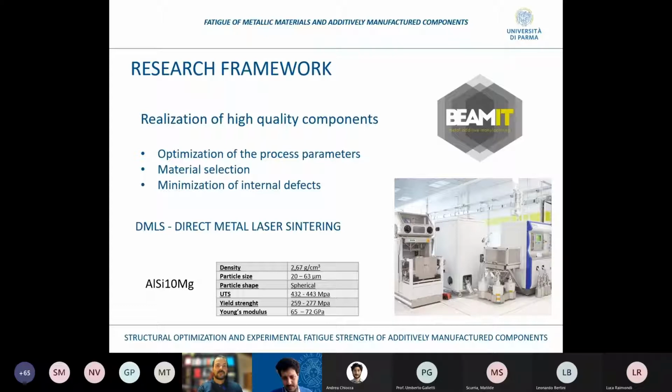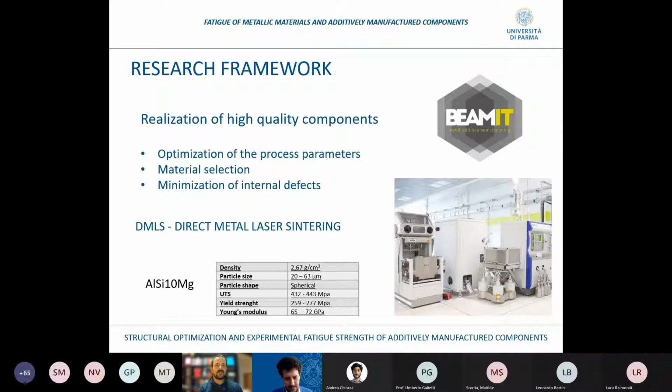Their internal research guarantees us the best quality in the process parameter selection and the material selection itself, and they also have to guarantee their customers the best result, with the optimization of the process for the minimization of defects and problems in general.